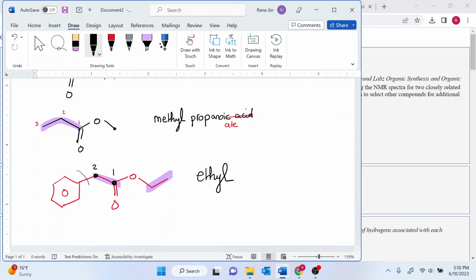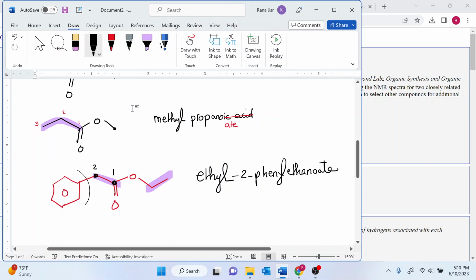And on the second carbon, there is a benzene. So you can do ethyl 2-phenyl ethanoate. Now, because there are two carbons in there, on the first carbon, definitely there is the ether part of the ester. On the second carbon, definitely there is the phenyl group. So we can drop the 2 over here.